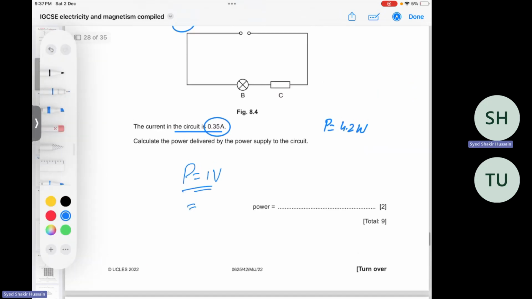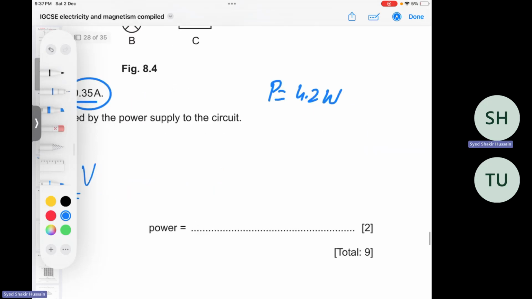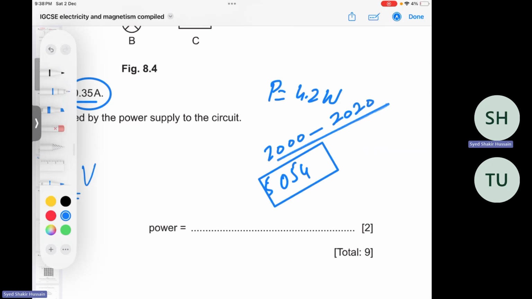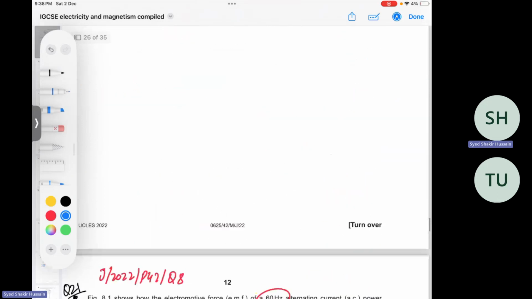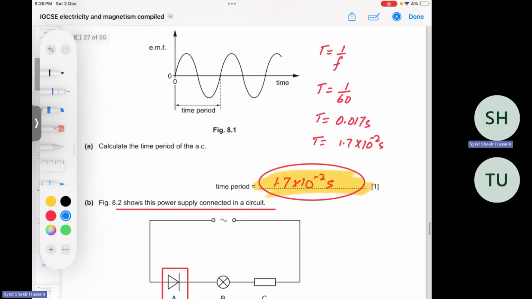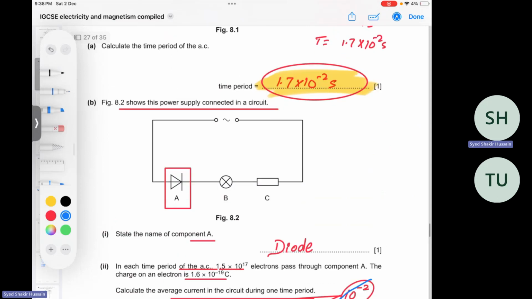So you would have seen I have made you do questions much harder than this, isn't it? Yes. And I have made you practice those questions from 5054. And those papers are compiled from 2000 till 2020, including all variants. So when you do those questions, then these just look like a piece of cake, isn't it? Sir, what is 5054? It's the sister board of IGCSE. It's GCE, O level.